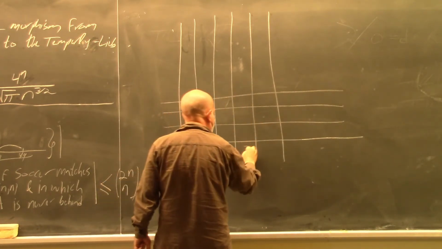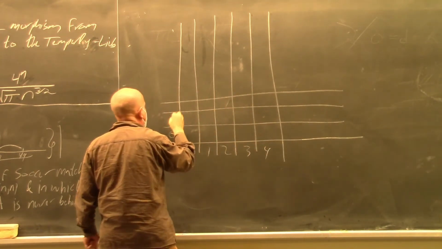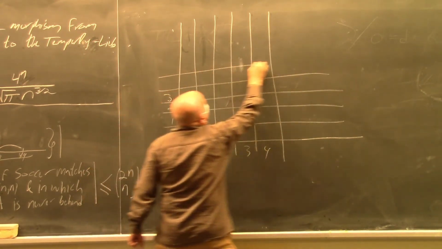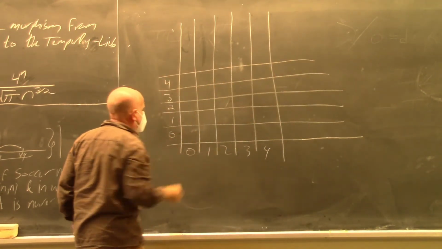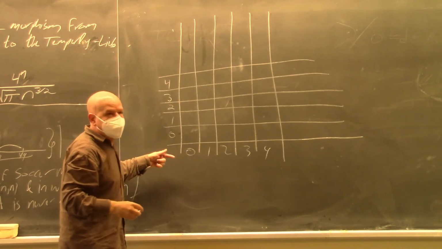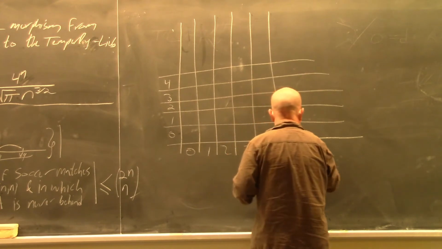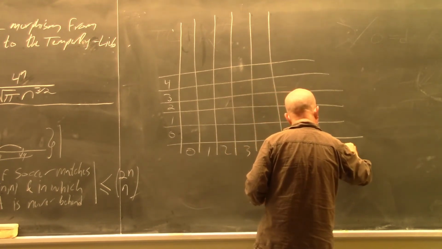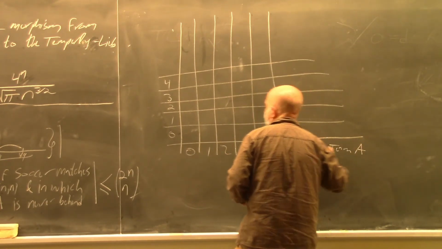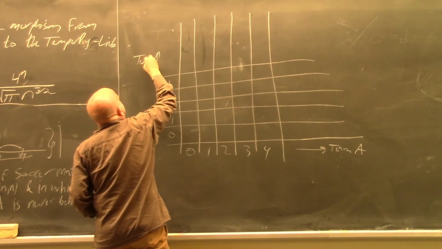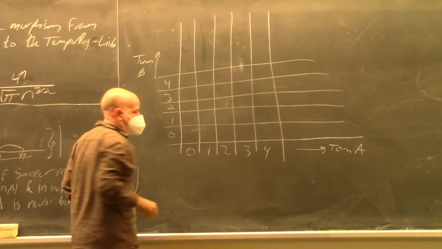So 0, 1, 2, 3, 4, 0, 1, 2, 3, 4, and this is the score for team A. So this is the team A score, and this is the team B score.